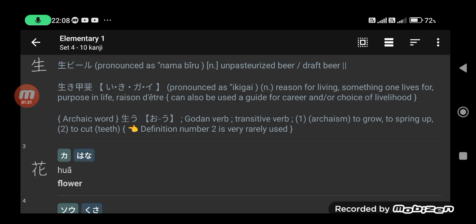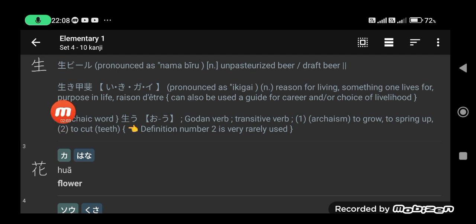Minasan, as I have told you, we are now on grade 1 kanji set number 4. Basically 90% of the kanji characters in this set are related to plants, animals, insects, and humans.